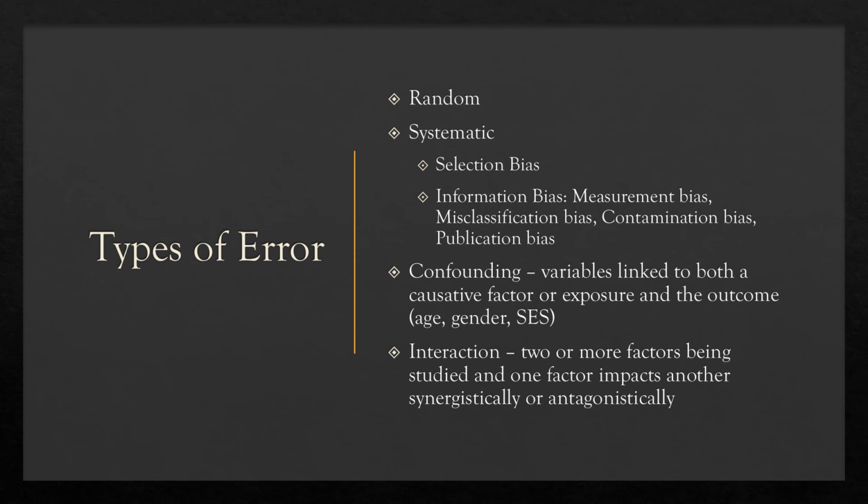So what are some of the types of errors? The easiest type of error, and the one that's kind of the most forgivable, is random error. Random errors tend to be, they're random. It's like if you flip a coin 50 times, 25 of those times it's going to come out heads. It's about 50% odds.